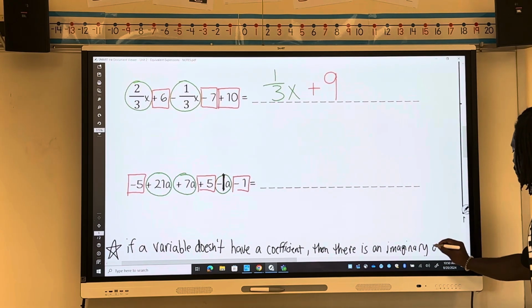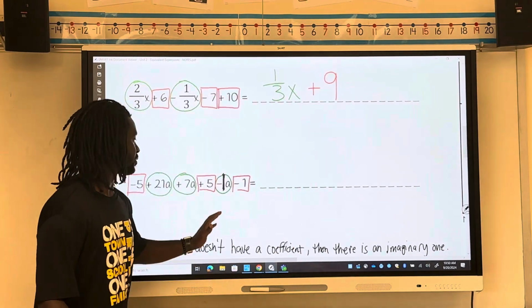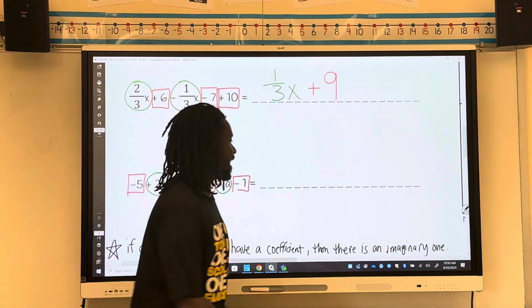And again, I'm having you write that because that is super important, all right? Again, there's an imaginary 1 in front of the a, all right?